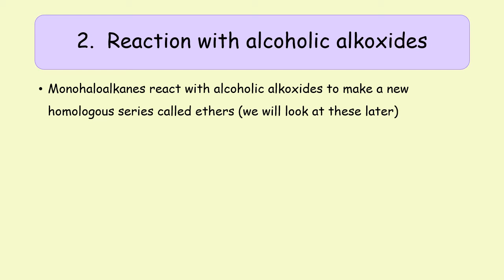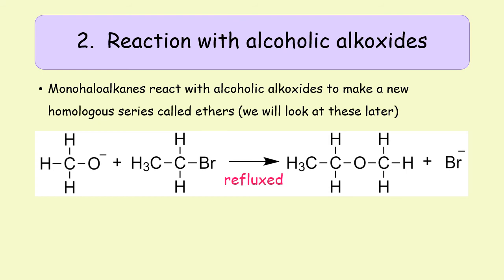And what's going to happen is the alkoxide is just going to replace the halogen, and the molecule you're going to get is called an ether. We will look at ethers in more detail. You just need to know this is how they're made. So here we have our alkoxide reacting with our halide. We replace the bromine in this reaction with that entire OCH3 group to produce the bromide ion, and that molecule is an ether.